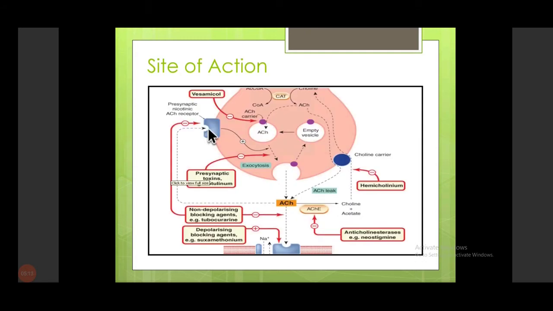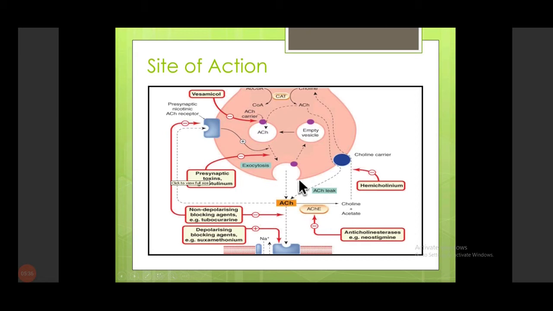Now, coming to the topic of skeletal muscle relaxants, but before that, a very brief mechanism of ACH release, which you would have read in your previous classes. ACH is consolidated into the empty vesicle with the help of the ACH carrier.